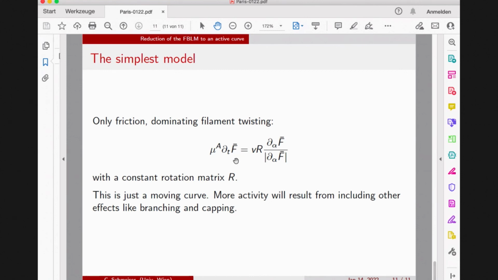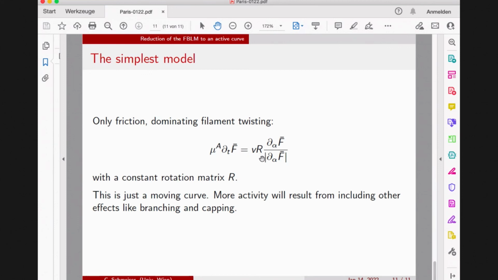And what you get here is a friction term, and the normalized tangent vector. Remember, alpha was the parameter along the leading edge, so you get the normalized tangent vector multiplied by a rotation matrix.